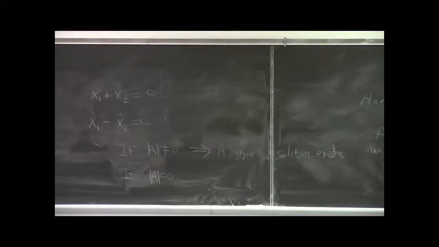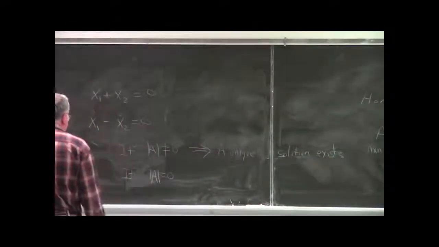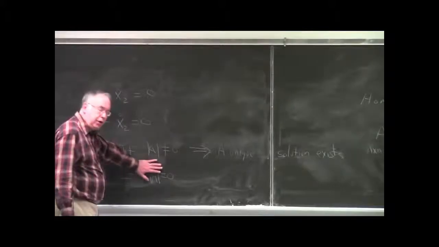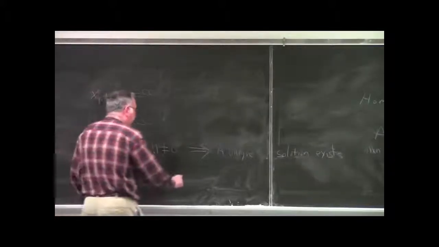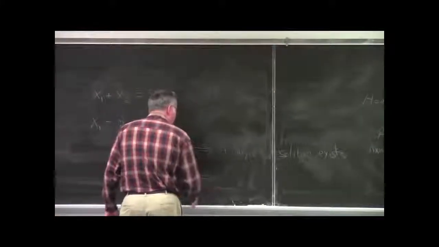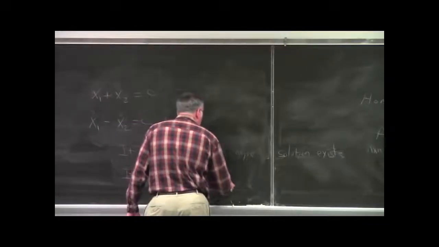Either there's no solution or an infinite number of solutions. And in this case, we know a solution exists, the trivial solution. Therefore, it means there's an infinite number of solutions. Okay. So if you have a homogeneous equation system and you find the determinant of A is 0, that implies an infinite number of solutions.